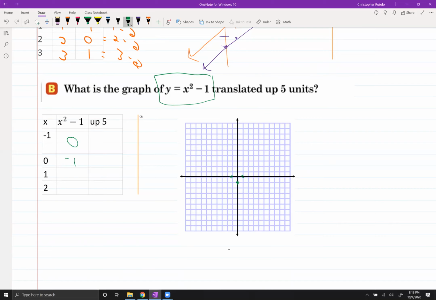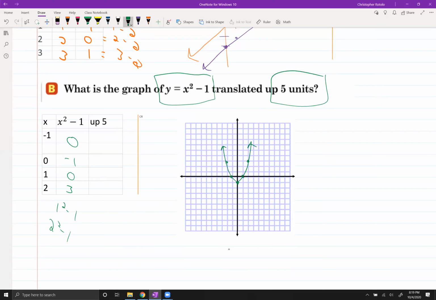And if I plug in 1, right, so now I have 1 squared minus 1, so I get 0. And if I plug in 2, right, 2 squared minus 1, so we're at 4 minus 1 gives me 3. Okay, so 2 gives me 3. And I would also have -2 gives me 3 for its reflection. So this is our original function.